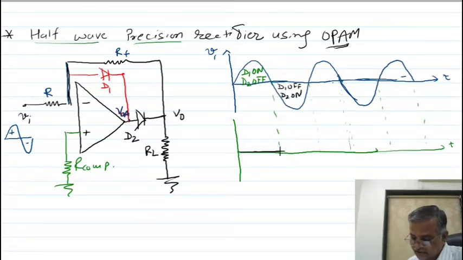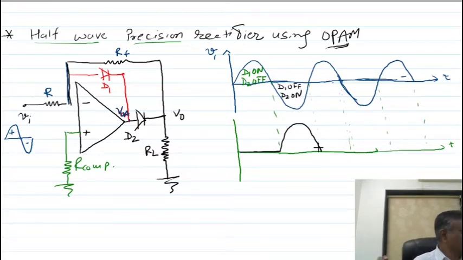As a result, you will get voltage across RL. Just a moment. You understand these things. You get the voltage across RL.